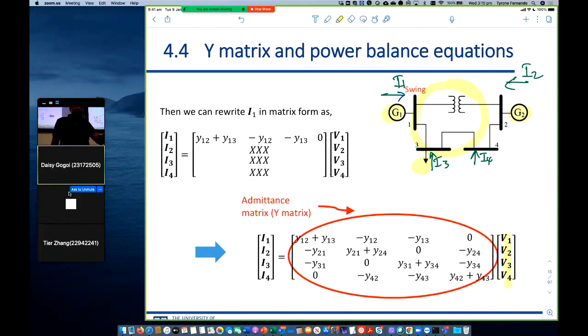Uppercase Y subscript 2,2 refers to the 2,2 diagonal element of that matrix. Uppercase Y 1,2 refers to minus lowercase y12. So don't confuse the uppercase symbol with the lowercase symbol.